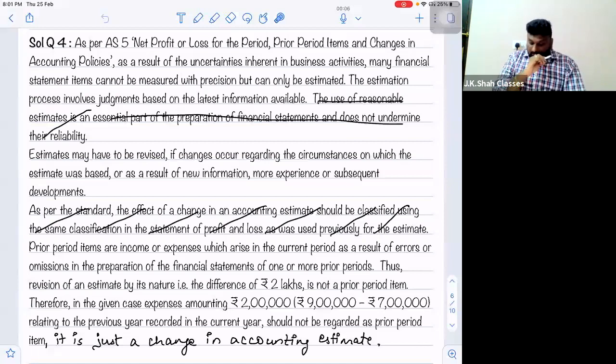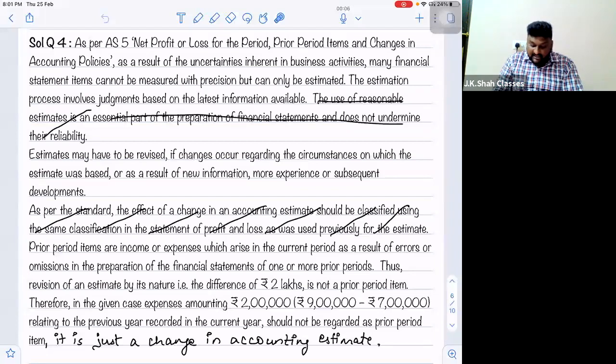Then, estimates may have to be revised if changes occur regarding the circumstances on which the estimate was based, or as a result of new information, more experience, or subsequent developments. So I talked about change in estimate also. Then I'm talking about prior period items.